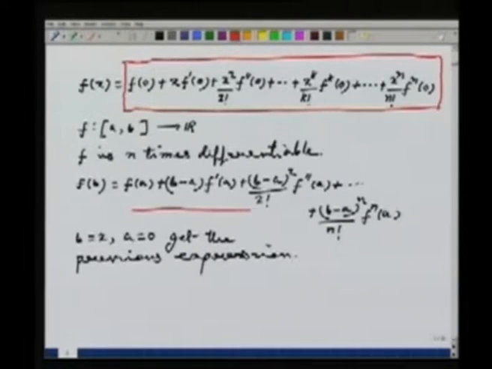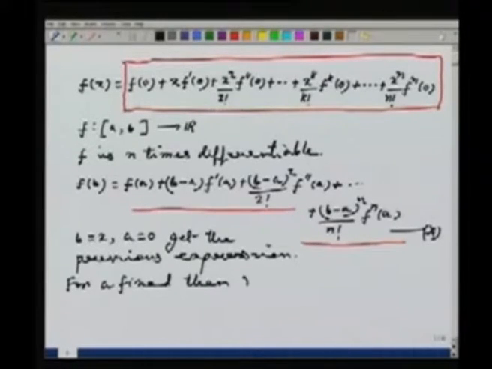Now we are asking, given a, if I take any b, then is it true that f(b) is given by the previous expression? If you look at this expression which I have written here, for a fixed, if I call this above expression star, then star is a polynomial in b.